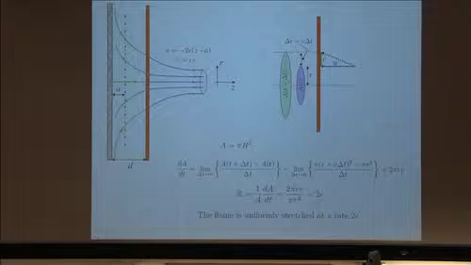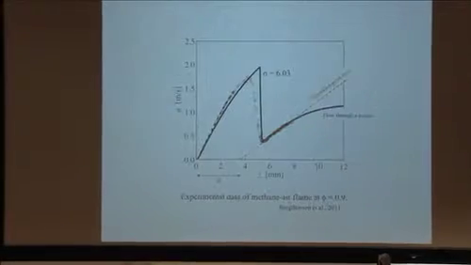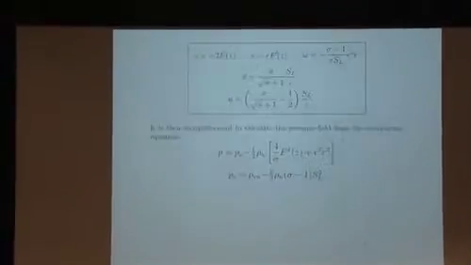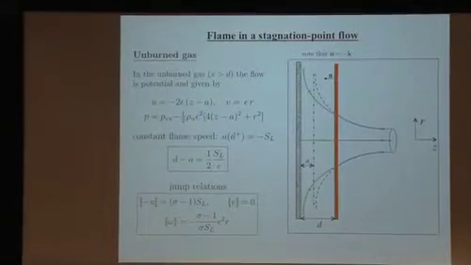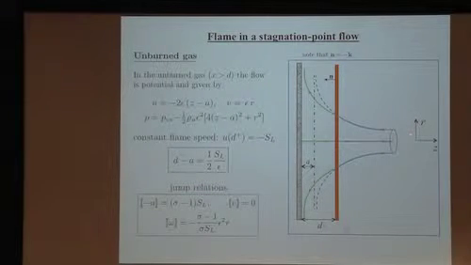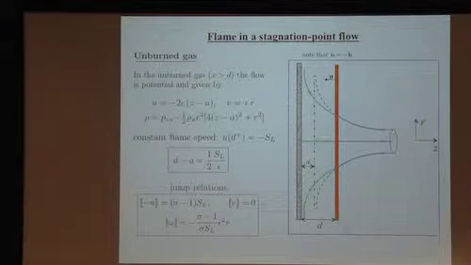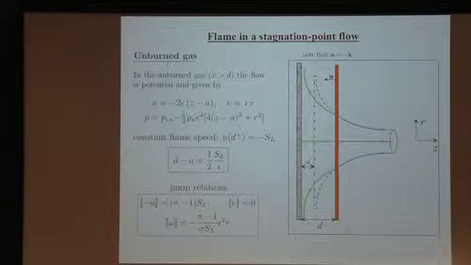Okay, now here is something which is important. I didn't say this before, but the configuration that I have been looking at here is an axisymmetric flow. So it's r, z, but also there's the angle theta, but it's axisymmetric, so nothing depends on theta. However, the flame surface is going to be a disk, right?